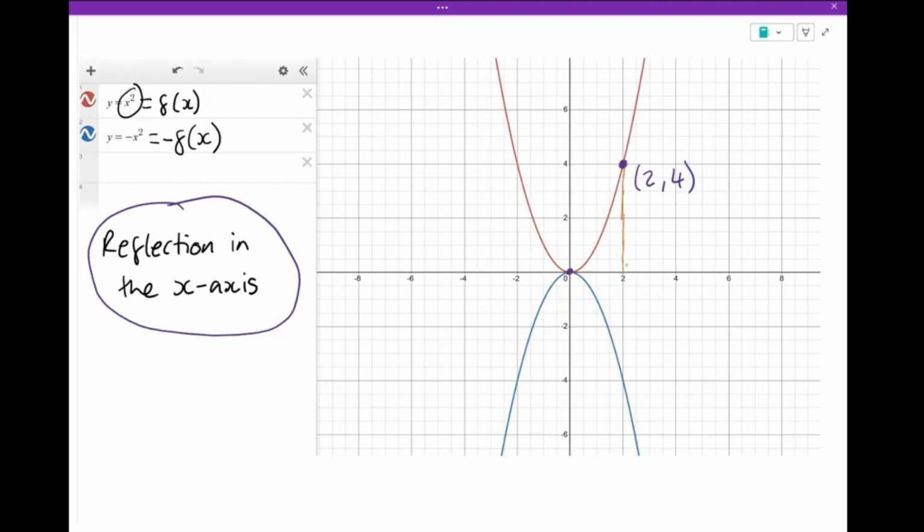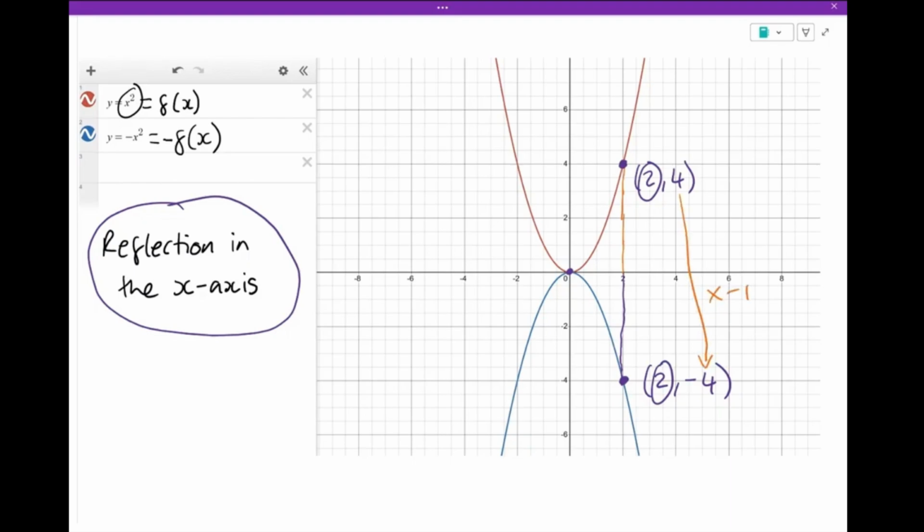So we've gone down 4 on our y-axis. So on the other side of my line of reflection, I'm going to go down 4, which gets me to this point here. And if I write out its coordinates, this is the point (2, -4). And if we're moving vertically, our x-coordinate is not changing because that measures how much we are to the right or to the left. Whereas our y-coordinate does change, and the change that happens is you multiply it by -1.